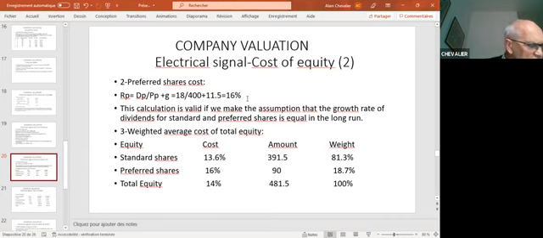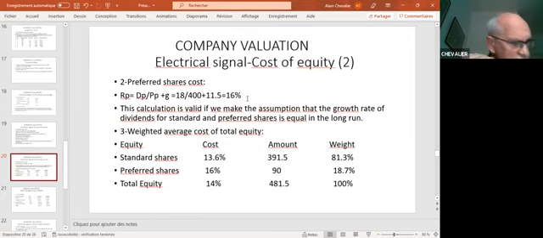So this is each time coming from a calculation we have done first, value of the ordinary shares, value of the preferred shares. Total equity is equal to 481.5. If you calculate the weight in terms of market value of both resources, we have 81.3 for the standard shares and 18.7 for the preferred shares. That means the total is equal to 100%.